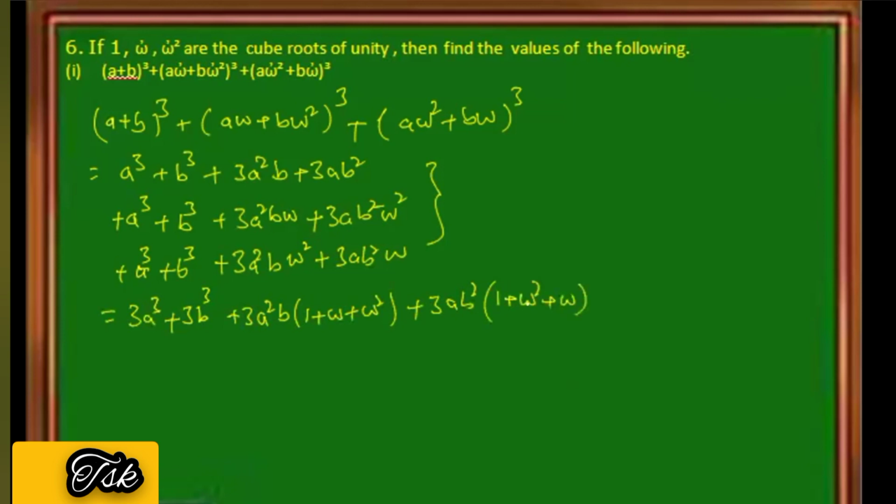Since 1 plus omega plus omega square is 0, these two terms become 0. So the answer is 3 times a cubed plus b cubed. That's the value of a plus b whole cube, a omega plus b omega square whole cube, a omega square plus b omega whole cube.